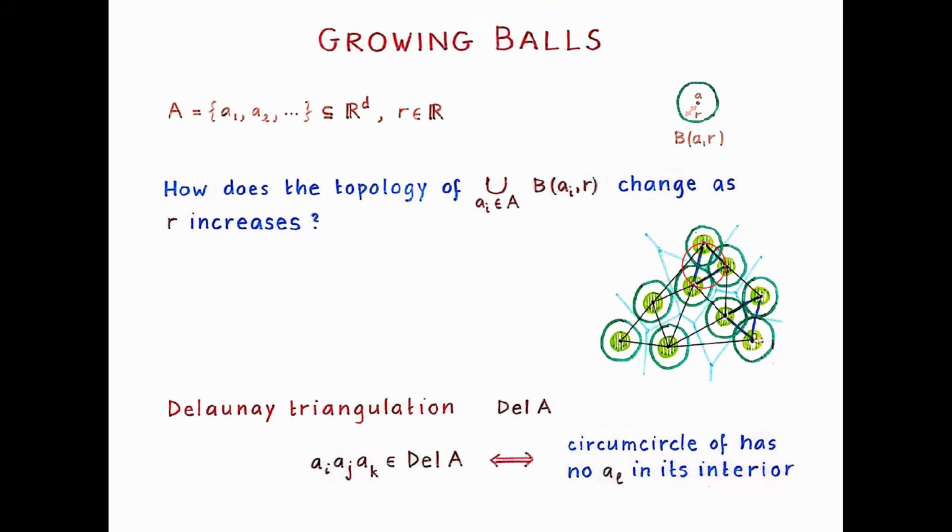You have n points, and a triangle belongs to the Delaunay triangulation if the circle going through the 3 points doesn't contain any other point in its interior. And it's not difficult to prove that it really gives a subdivision of the plane, or of the convex hull of all of the points. This is related to this. You can also describe it by this ball growing process.